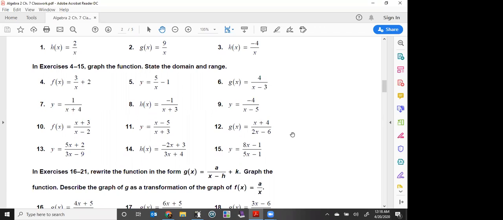So we'll do number 4. We'll do number 7. We'll do number 10 and number 13. So let's see that first column. So I'm writing them down on my paper. Switch to Canva so you can see the problems as I'm working.